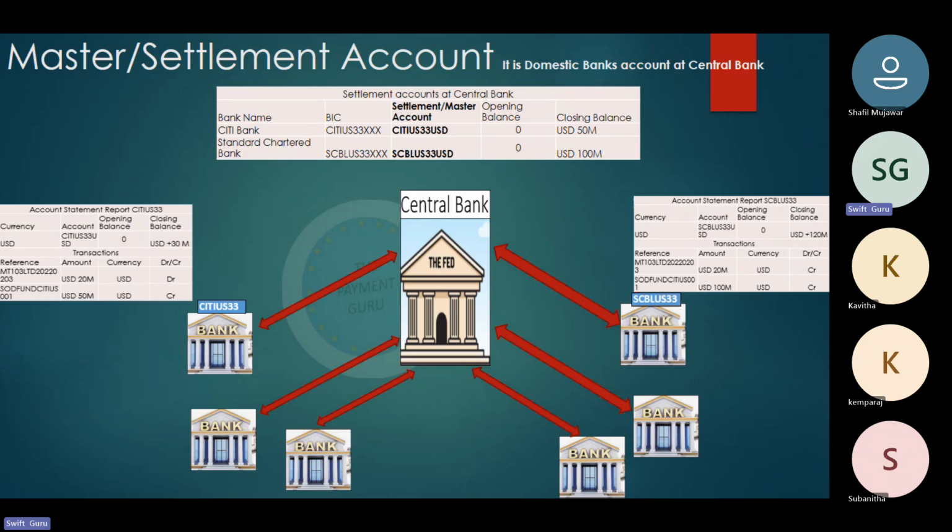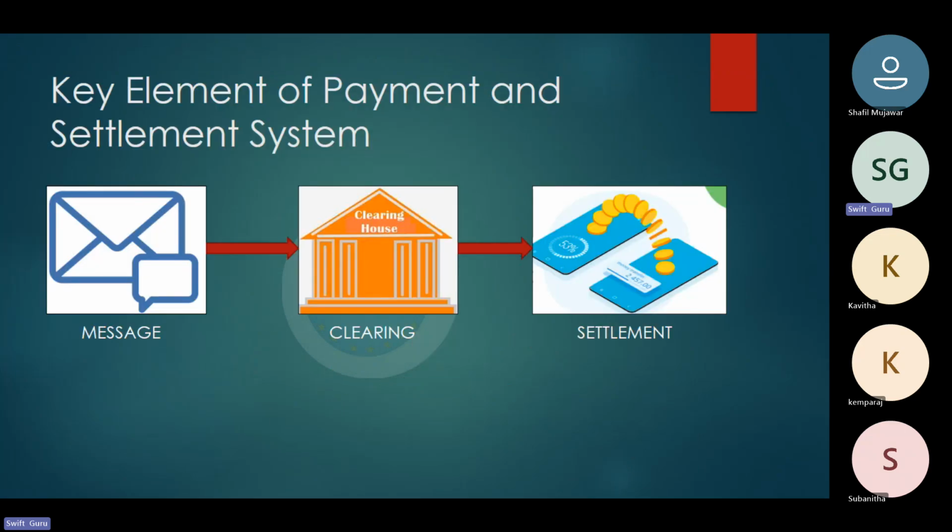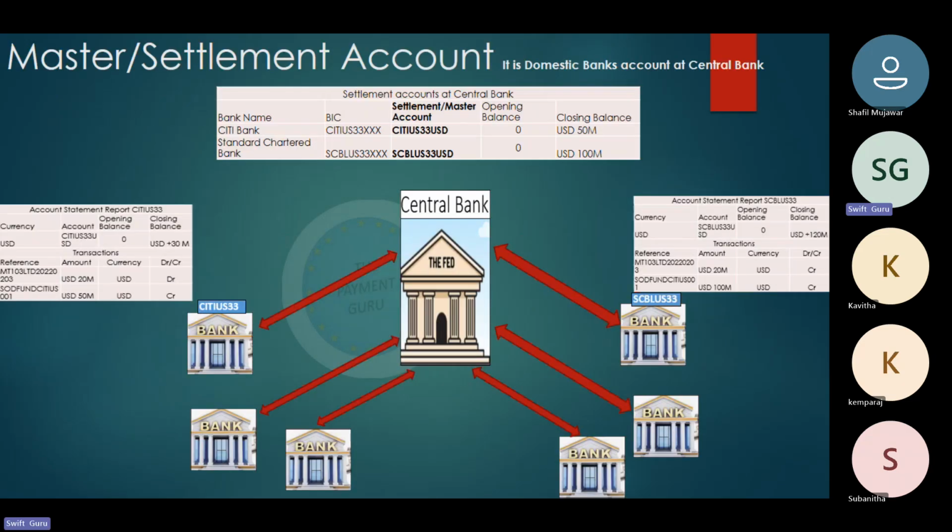They can open up multiple accounts at the central bank, depending upon the central bank rules, saying that for this payment system you have to open a separate account, and for this payment system you have to open a different account. We'll discuss that as well in our clearing mechanism, which we are going to learn now. So that was about some of the account terminologies.